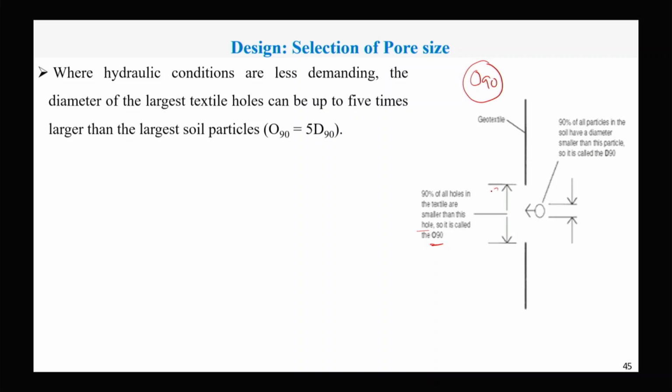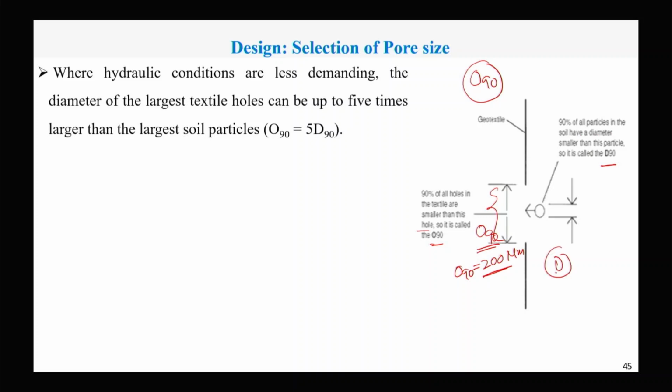So 90% of the holes are smaller than O90. If O90 is, say, 200 micron, that means 90% of the holes will be smaller than 200 micron. And D90 means 90% of the particles.